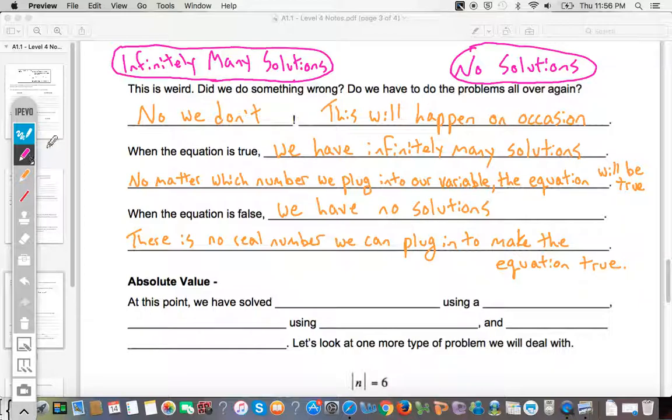So let's go to absolute value down here. This is something new as well. So at this point, we have solved one variable equations using a single operation.